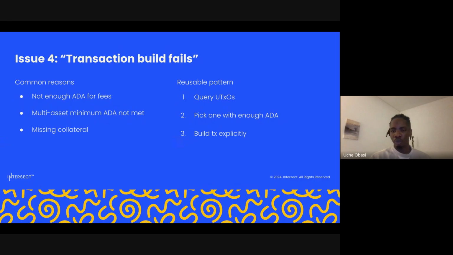And then build the transaction explicitly. These are some of the patterns you can follow to fix transaction build failures.